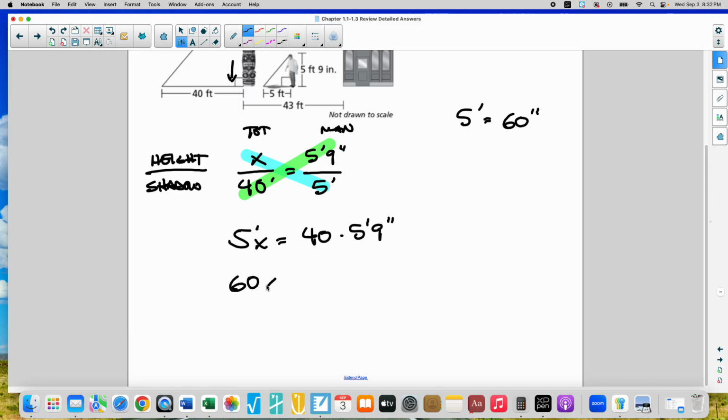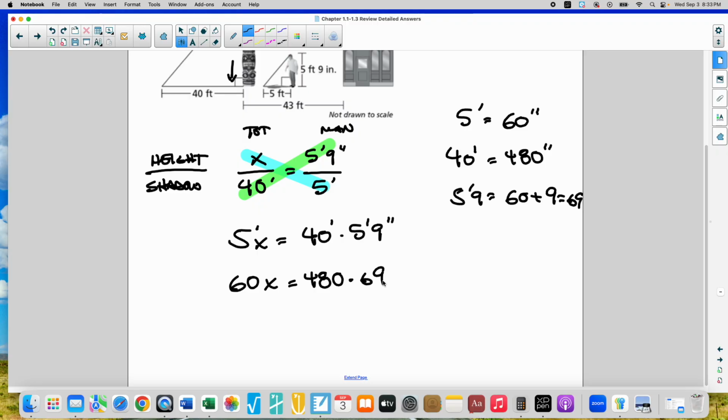So we're going to make that 60x. 40 feet is equal to 480 inches. That's 40 times 12. So that's 480 inches times 5 foot 9. 5 foot 9 is going to be 60 plus 9, or 69 inches.